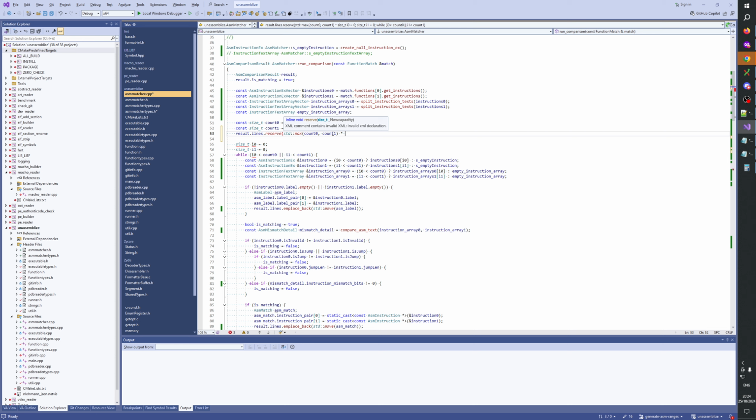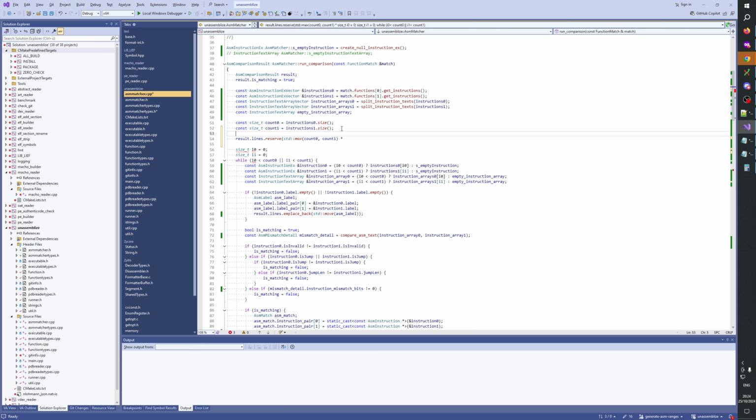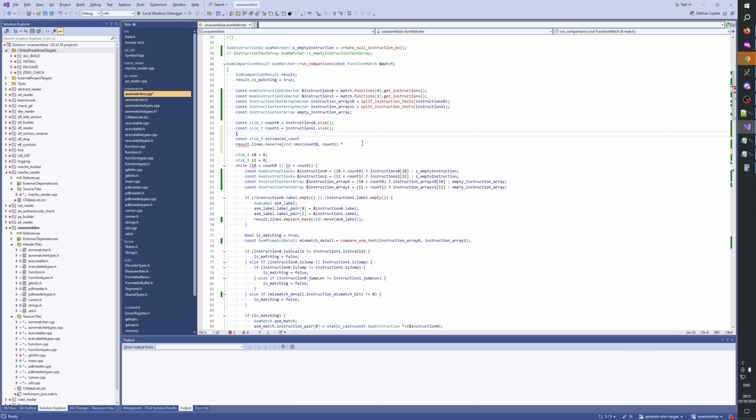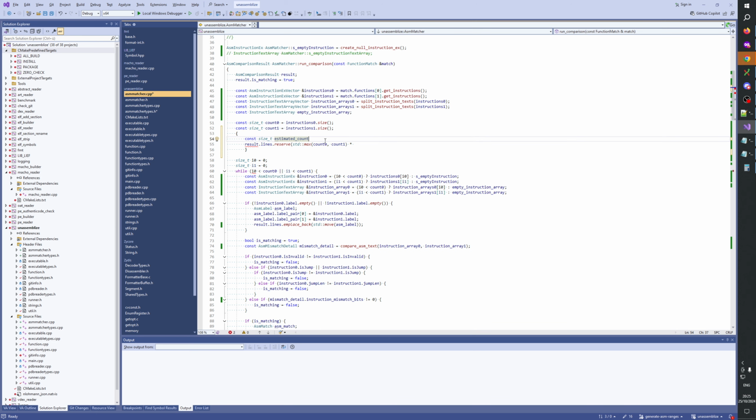Well, const size_t estimated counts, double, times 1.2 maybe.